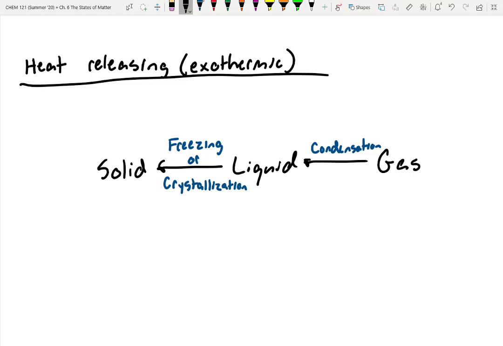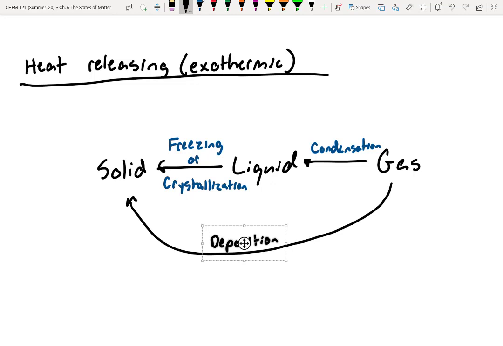In addition, you can imagine the reverse process through which you go from a gas to a solid. So the reverse of our sublimation that we saw up above. And this is just called deposition. It's actually pretty common in the semiconductor industry. You may need to put on a really, really thin layer of some sort of substance.